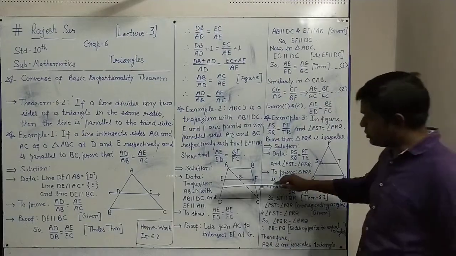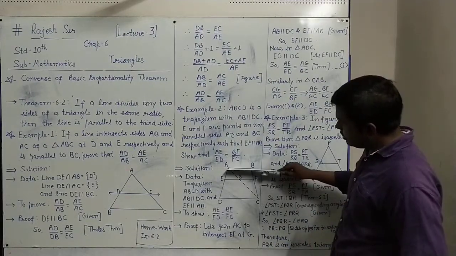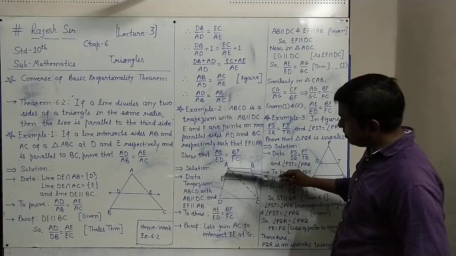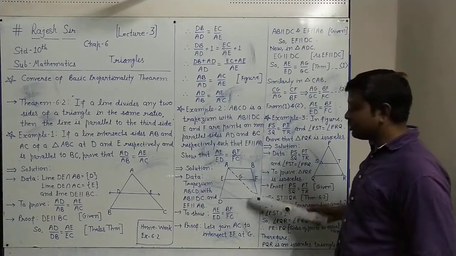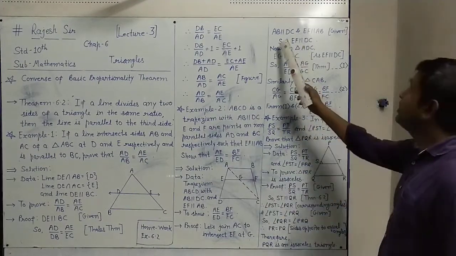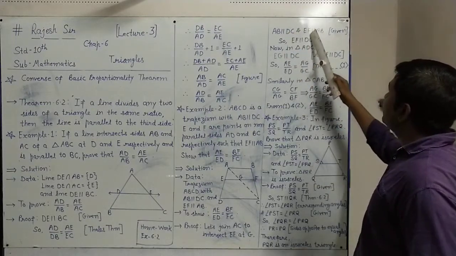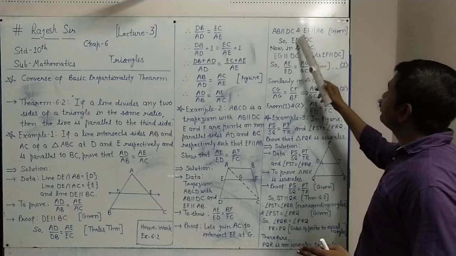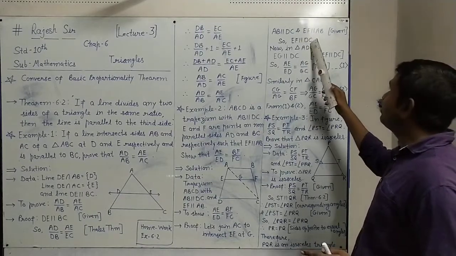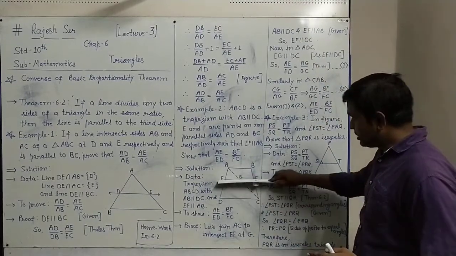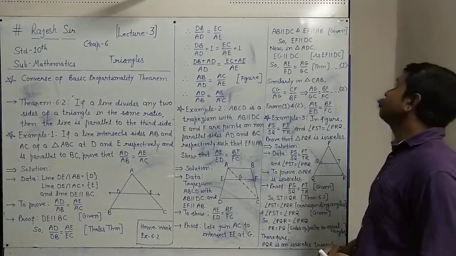You can see in the figure also. If EF is parallel to AB and DC is also parallel to AB, so EF and DC will also be parallel. So that is what we have written here. So AB parallel DC, EF also parallel to AB, so DC and EF will be parallel. That means EF is parallel to DC.